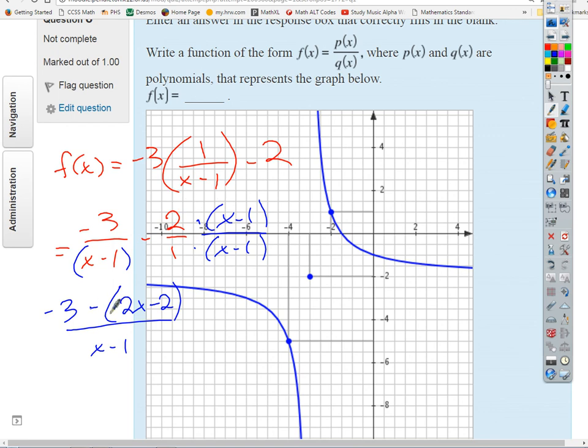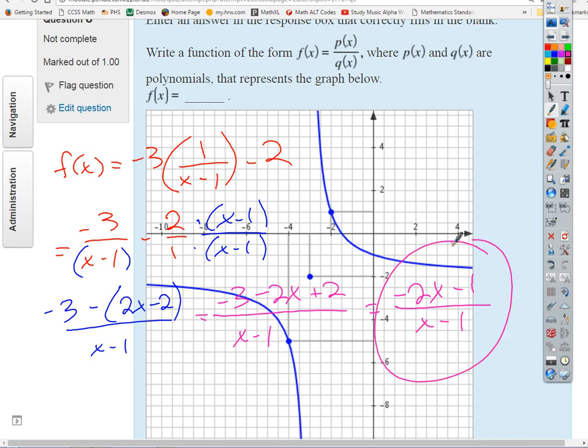If I distribute the negative sign, that's just going to give me negative 3 minus 2x minus a negative is plus 2, all divided by x minus 1. And if I just collect like terms on the top, I get negative 2x minus 1 over x minus 1, right?